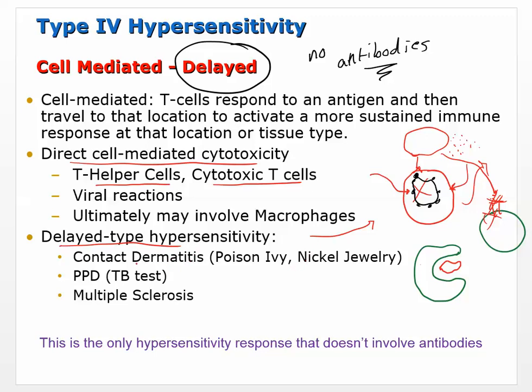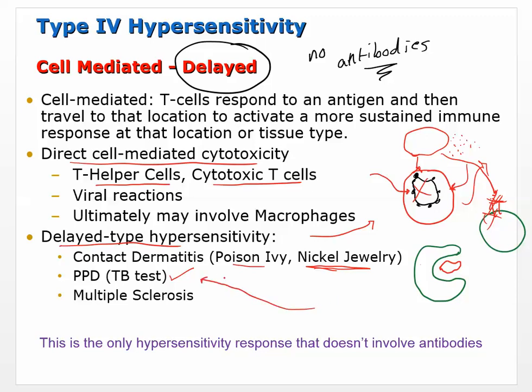So contact dermatitis, things like poison ivy, nickel allergies. These molecules will collect, they'll build up, usually they're local, and then the T cells move in and cause the inflammatory response. The PPD or the TB test, that's the same thing. You put it in locally, and then you check to see if there are T cells that are already responsive to it.